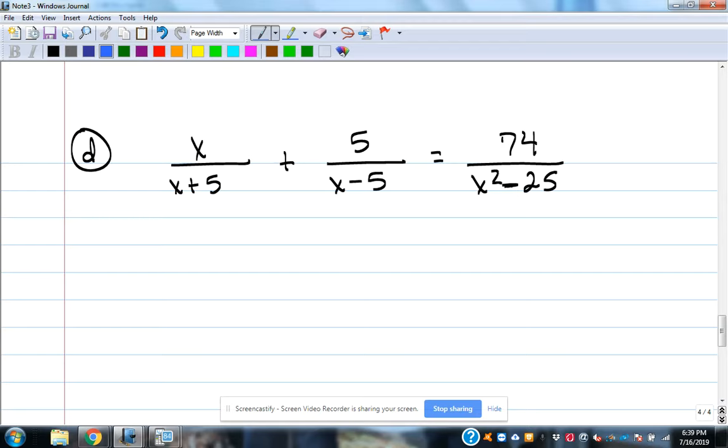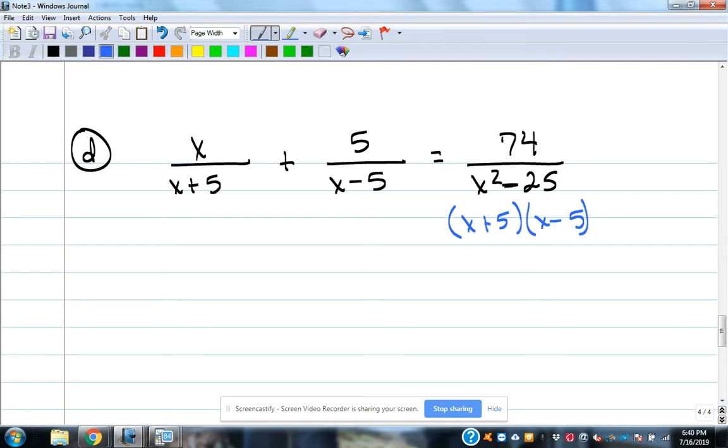And the good news is that's a difference of squares. That's x squared minus 25 is 5 squared, right? So that can be factored. x plus 5 and x minus 5, which, aren't we lucky, are the same pieces that were underneath the other two fractions. That's kind of nice to us.